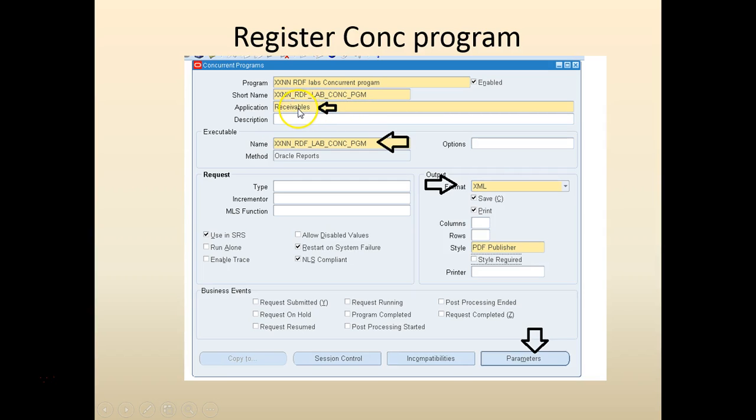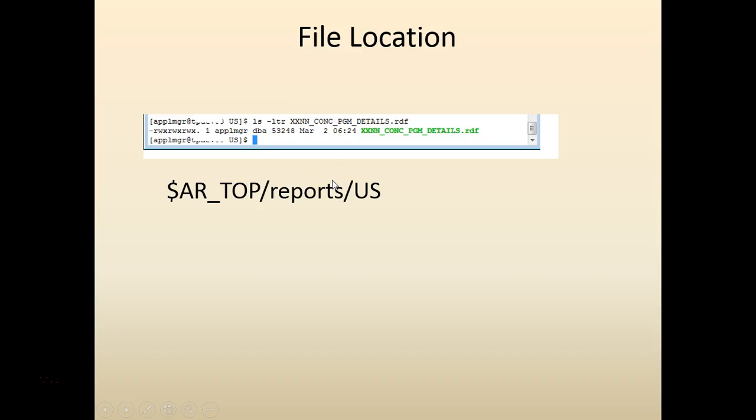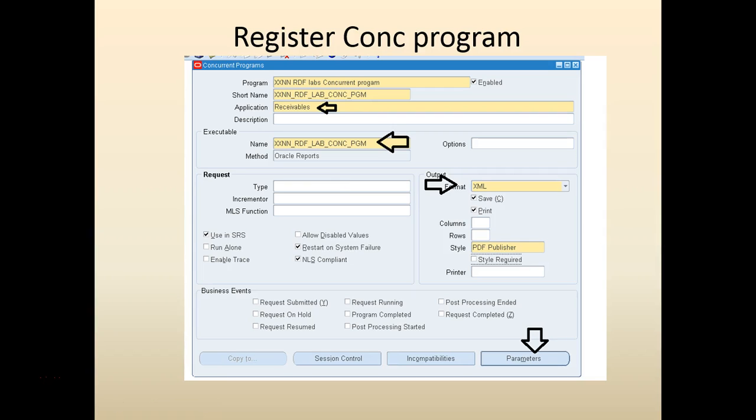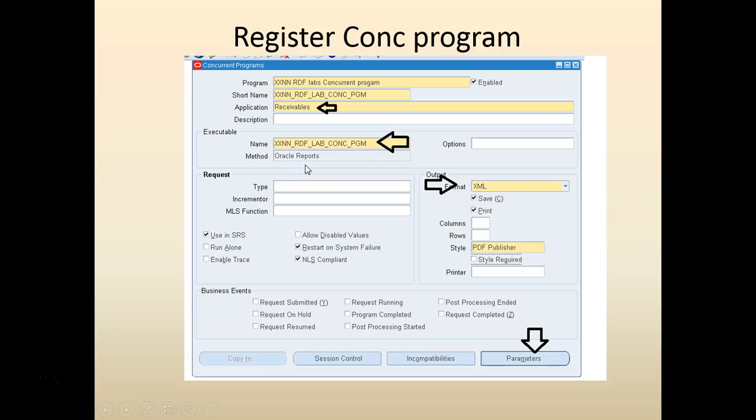Then make sure your application is receivables, which is the same as the concurrent program executable. Even though it's not that critical, it's very important. You pick the name that you have registered, which is this executable name. Make sure your output format is XML.